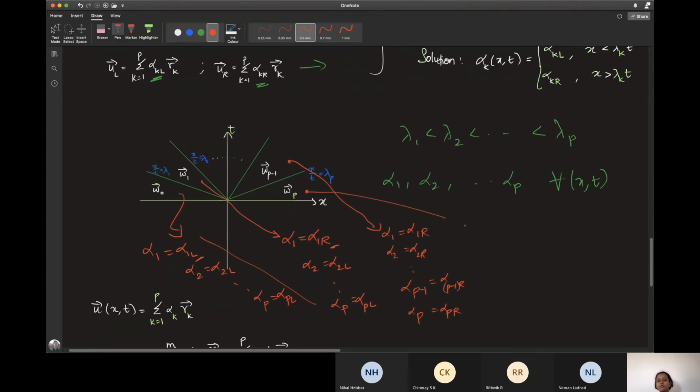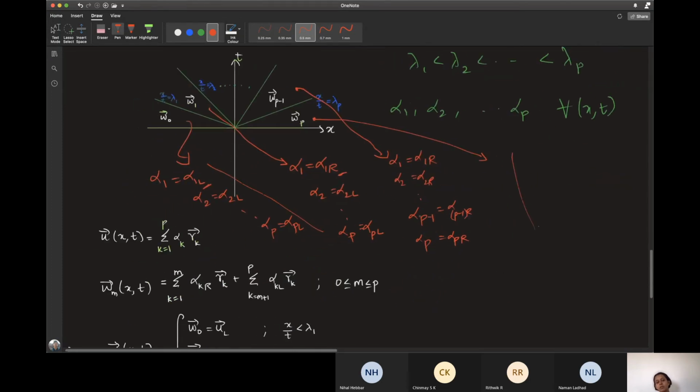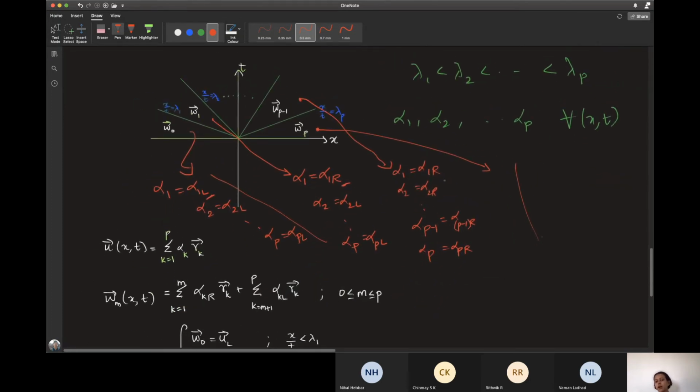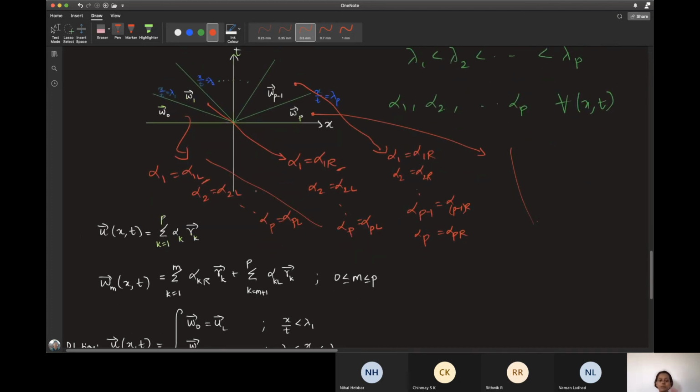Whereas for this point, everything will be R. All P values will have R only. So this is how you have the solutions defined. So now when you do summation of all these, you get your main solution U vector.